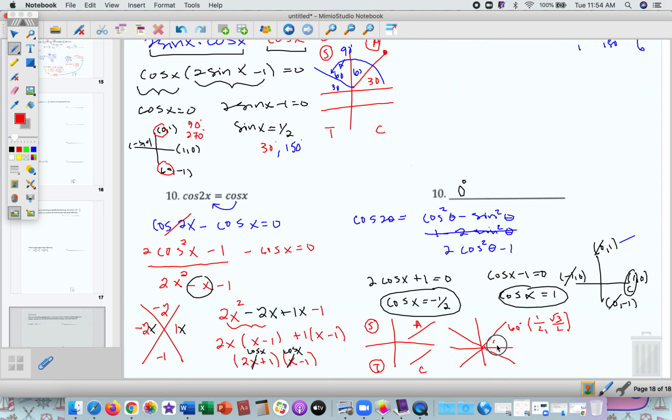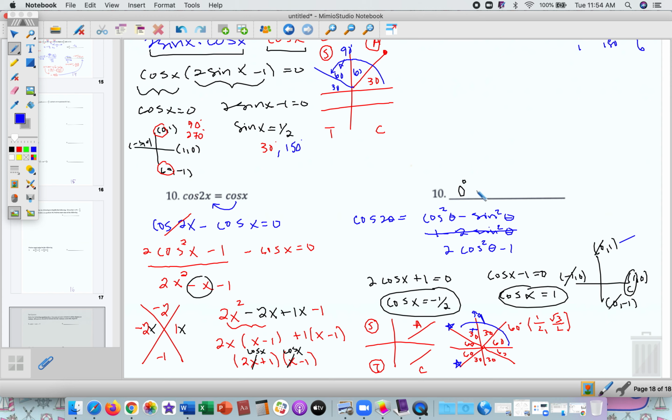I'm going to reflect, so I know this little sliver is 60, this one's 30, this one's 30, this one's 60. Okay, so we're going to look at this spot in the second quadrant and this spot in the third quadrant. So if we spin to the second quadrant, we spin to 90 and add 30, right?